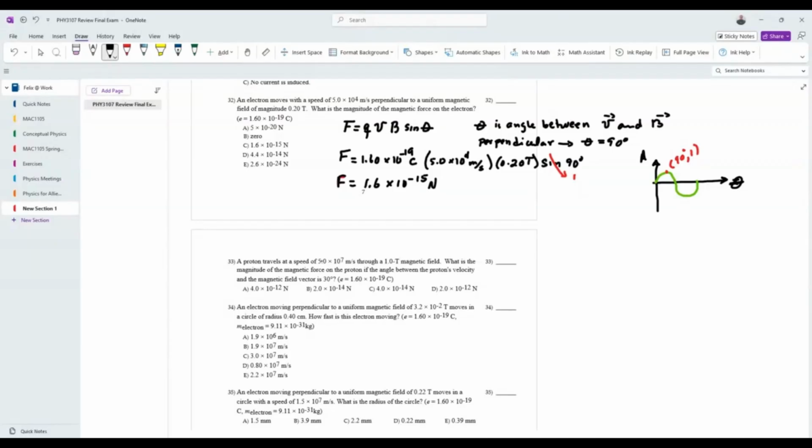So the magnitude of the force in this case would be 1.6 times 10 to the negative 15 newtons. Now, what is important to understand here is that when they say the speed is perpendicular to the uniform magnetic field, the angle theta between the speed and the magnetic field is 90 degrees, and the sine of 90 degrees is 1. Okay, so that is important.